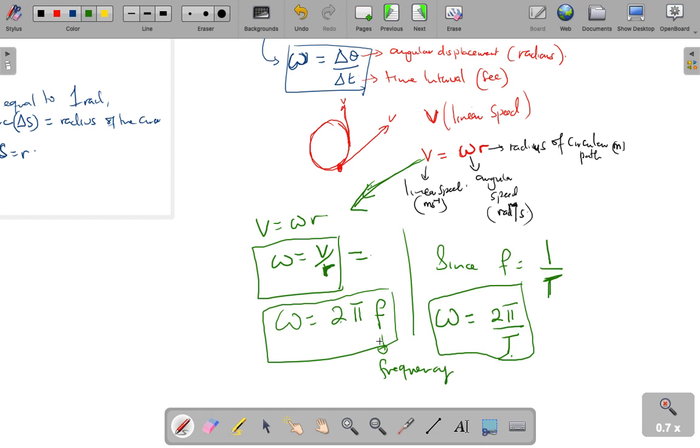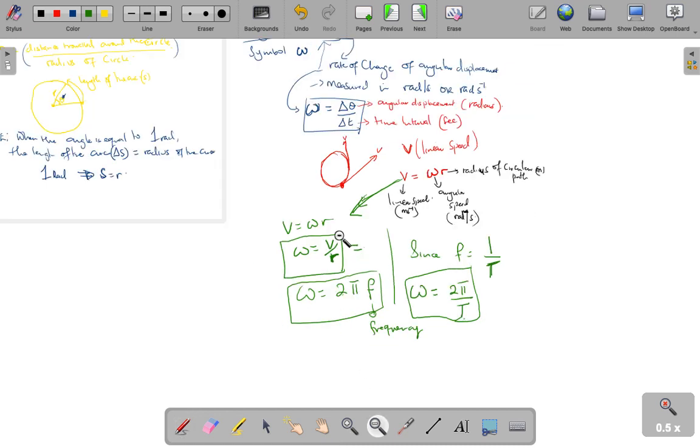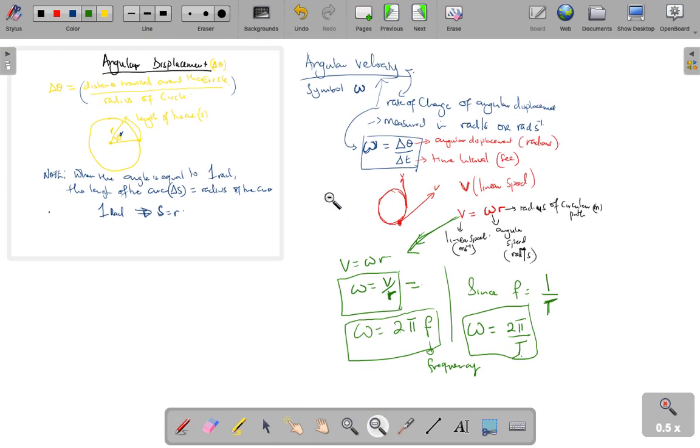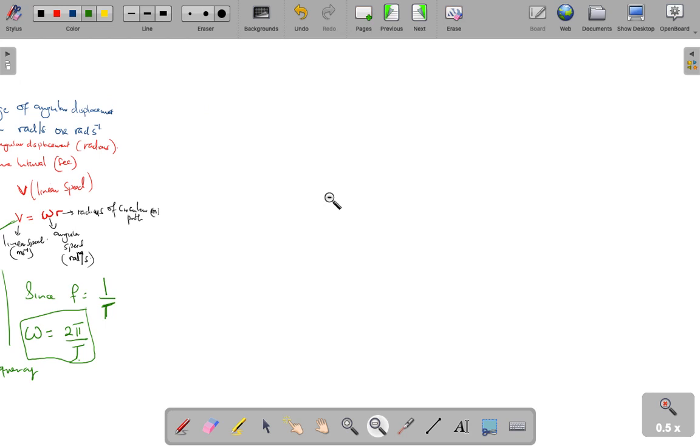I'll try to give a quick example here from a past paper, of course. So I'll write the question here. Let me type it. Okay, typing is faster now.